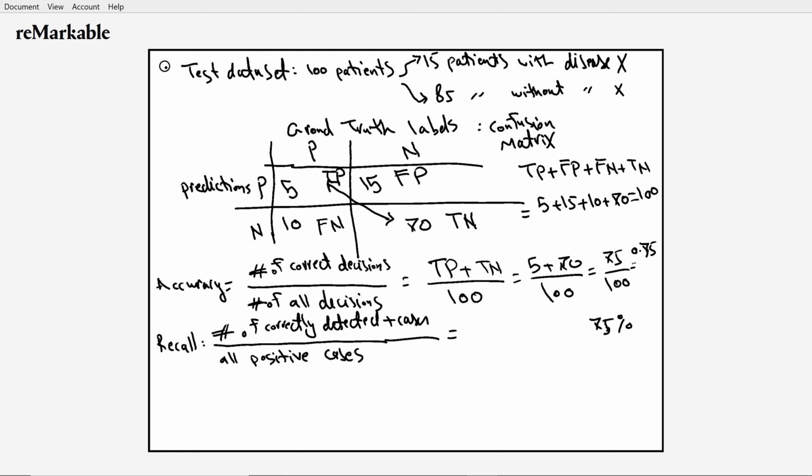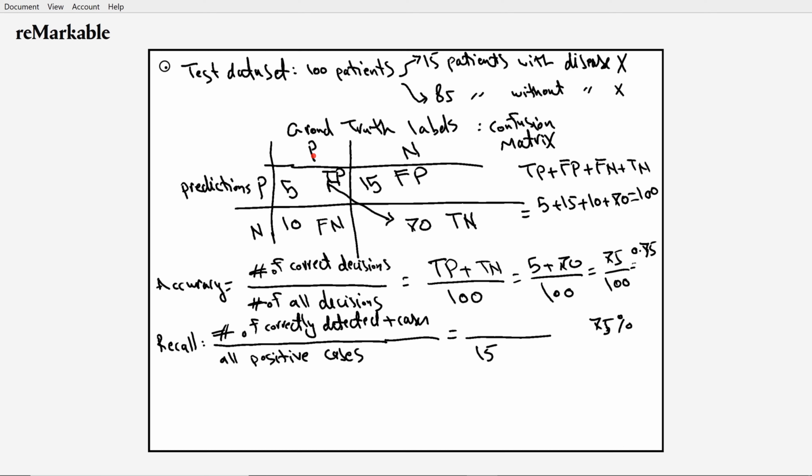If you think about it, all positive cases is going to be, well, our data set had 15 positive cases. And you can see that same number under the positive ground truth column.